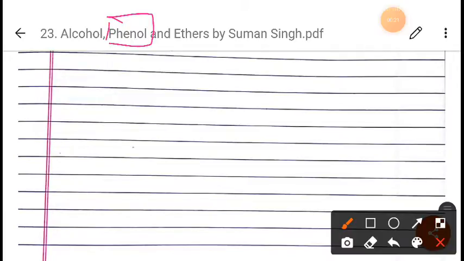Phenols are hydroxyl derivatives of aromatic hydrocarbons, in which the hydroxyl group, which is the OH group, is directly attached to a carbon atom of the aromatic ring.